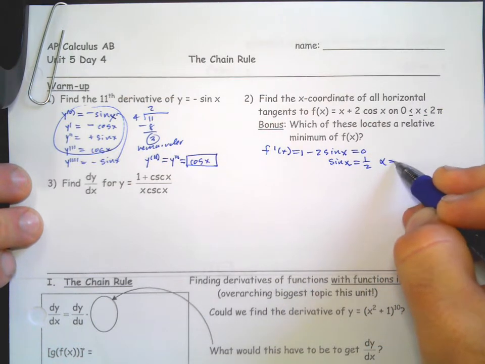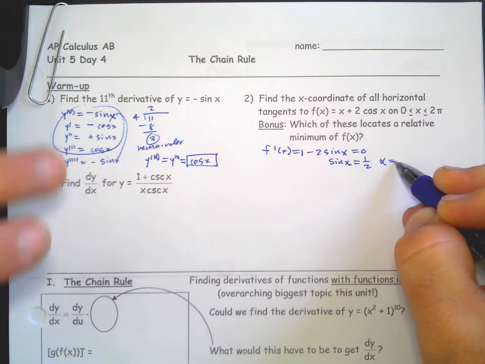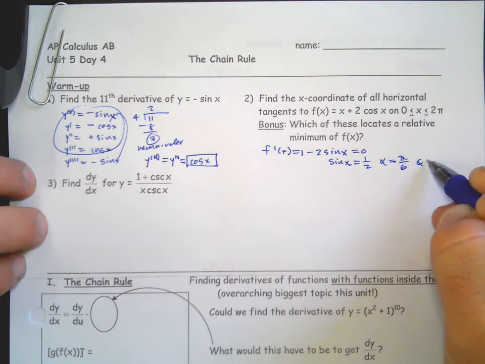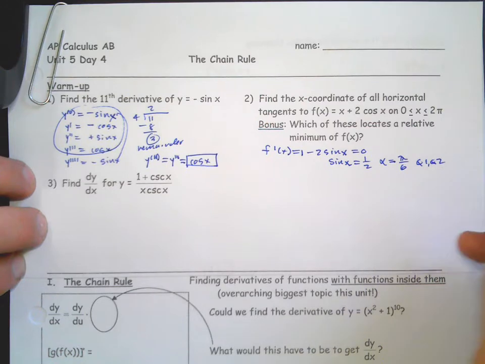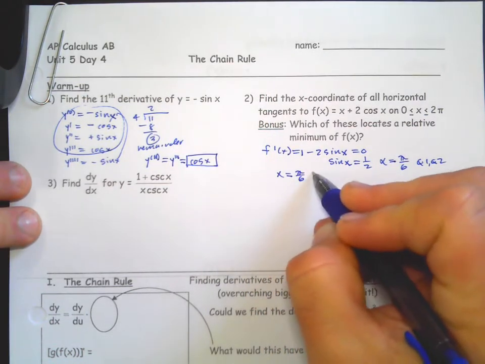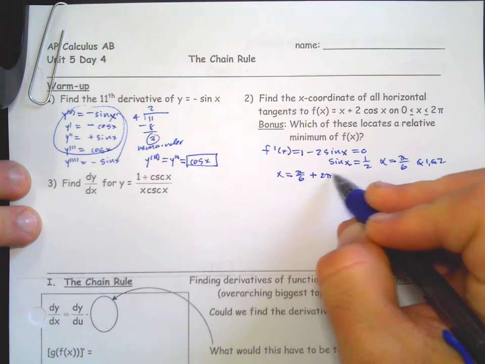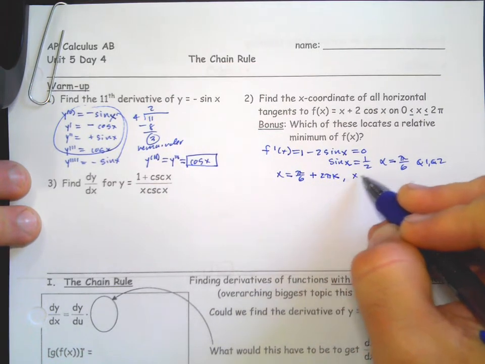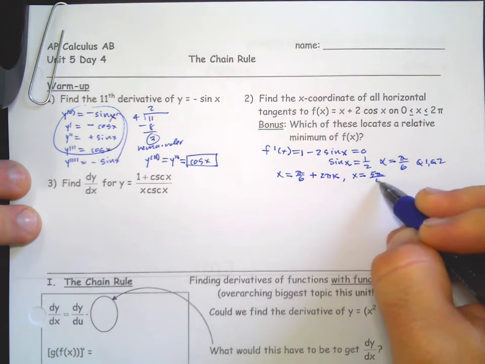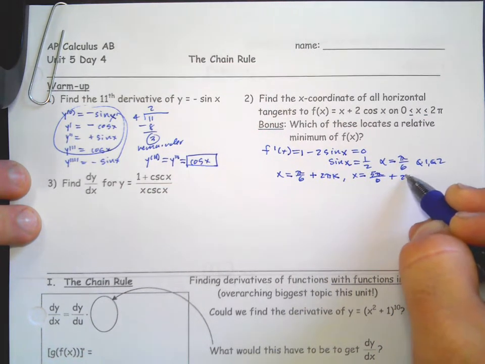Alpha is that first angle, 0, 1/2. And so it's pi over 6, quadrants 1 and 2. So x equals pi over 6 plus 2 pi k. x equals 5 pi over 6 plus 2 pi k.